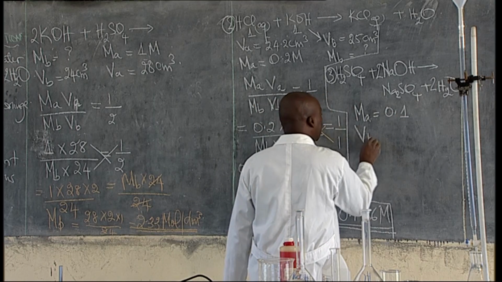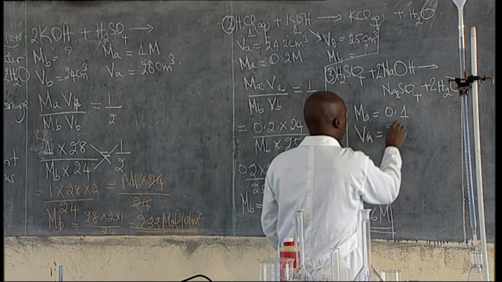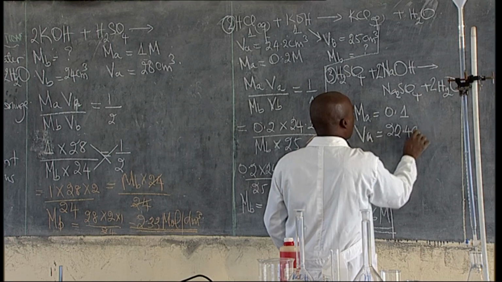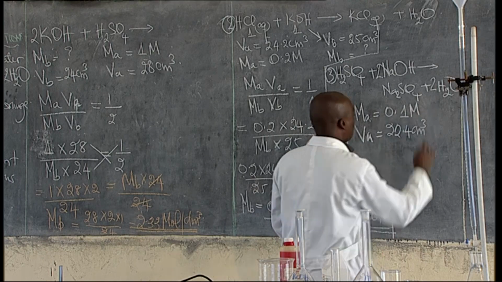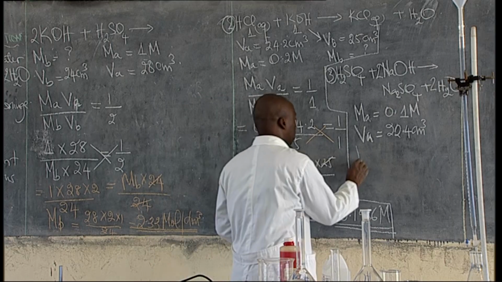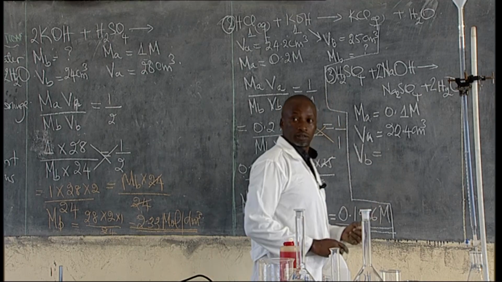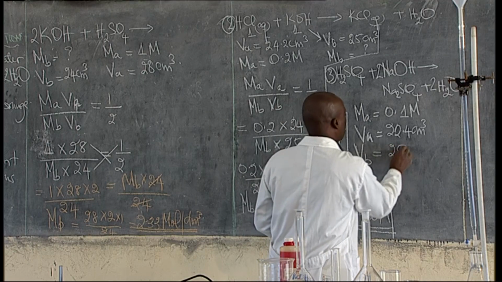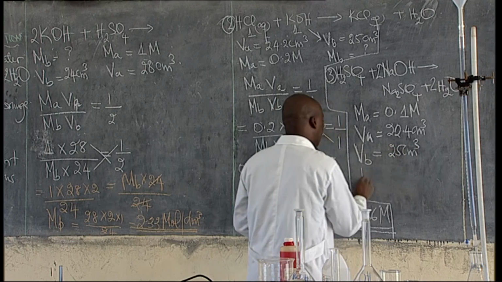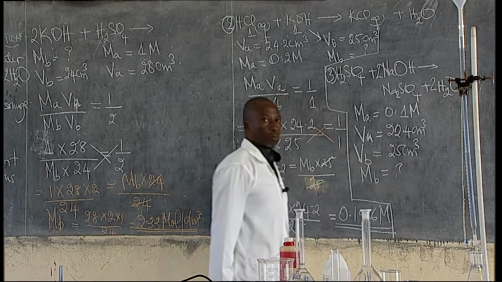You are given the volume of the acid as 22.4 cubic centimeters. And then you are given the volume of the base as 25 cubic centimeters. And then the molarity of the base, that is what you are supposed to look for.